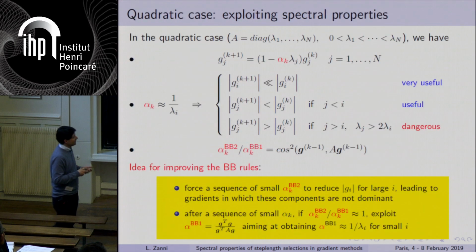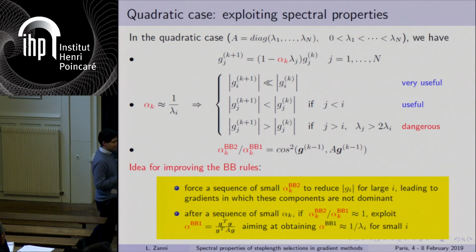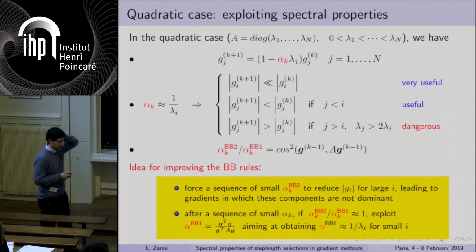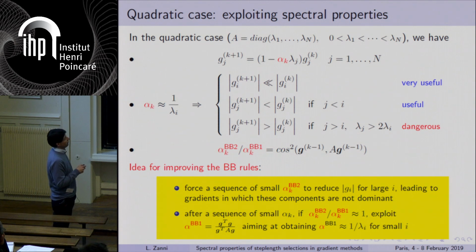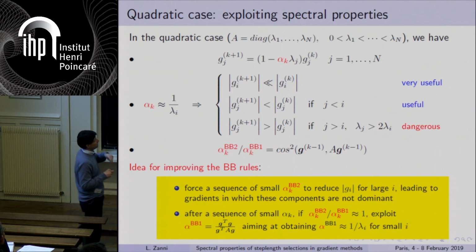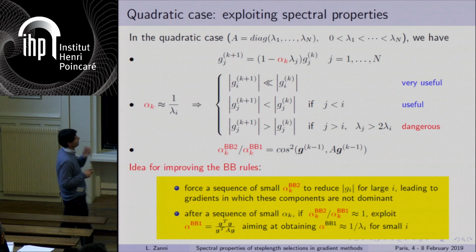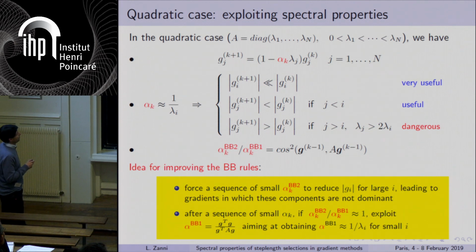In order to design this improved rule, it is necessary to clearly understand the effect of a step with a step length close to the inverse of an eigenvalue, not only on the corresponding components of the gradient, but also in correspondence of the other gradient components. In particular, if I take the step length equal to the inverse of lambda i, then I have a strong reduction of these components.